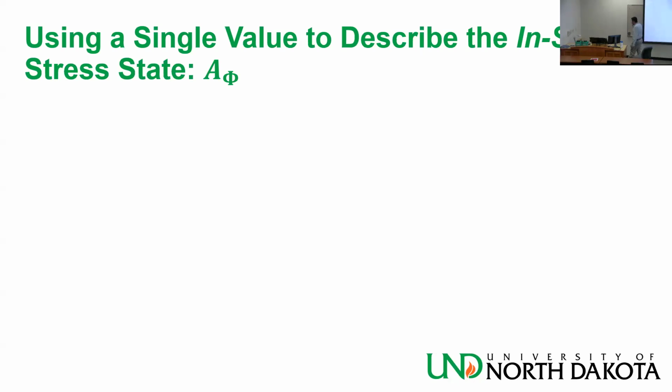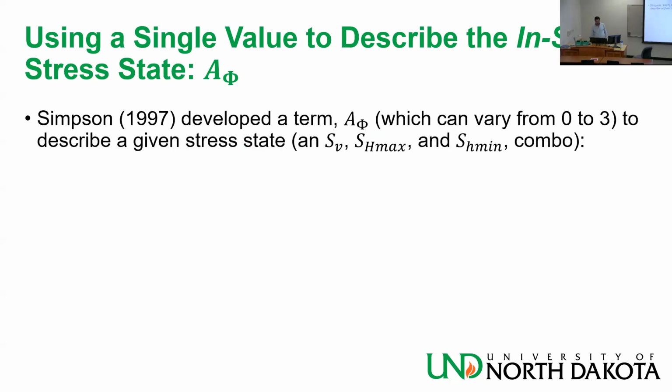One number characterizing the stress field in a particular subsurface location, only one value. And this person was Mr. Simpson in 1997, not OJ. He developed a term, he called it alpha phi, which varied from 0 to 3, and is used to describe a stress state, basically the combination between SV, SH max, and SH min.